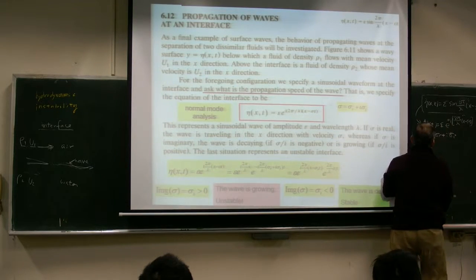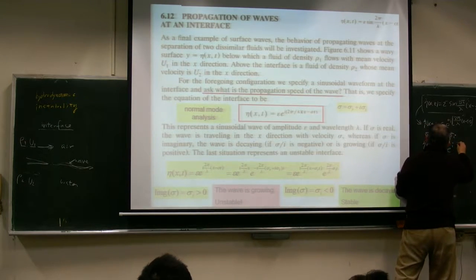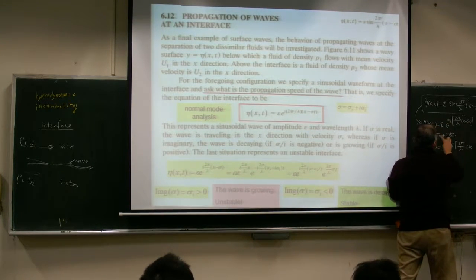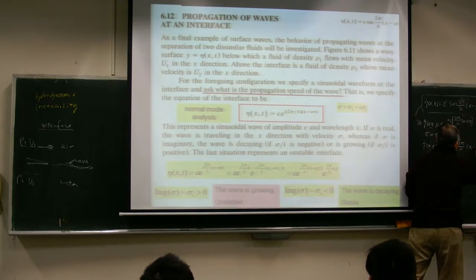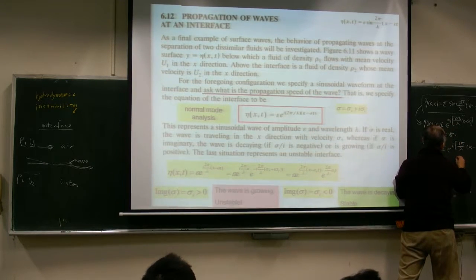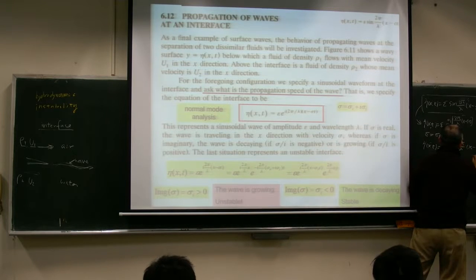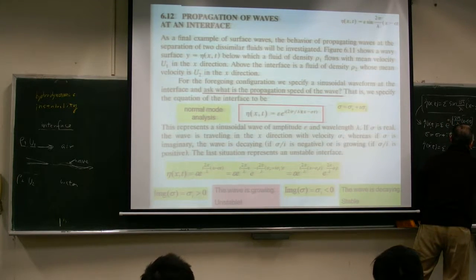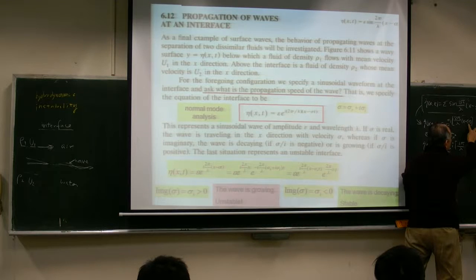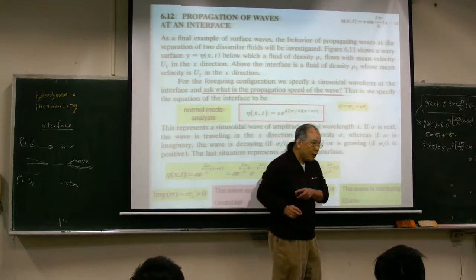If I expand this A(x,t), where epsilon times the exponential of i 2 pi over lambda times x minus sigma t, and sigma equals sigma r plus i sigma i, then x minus sigma r t, and then plus 2 pi over lambda, sigma i, t.